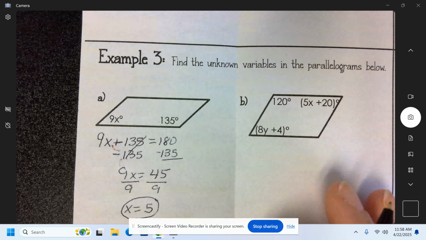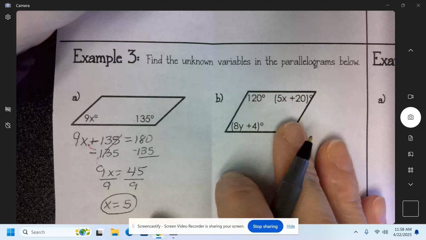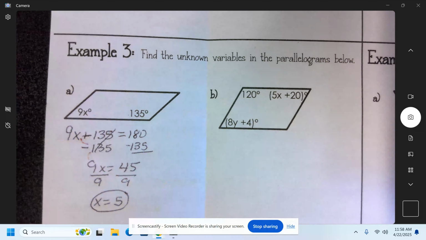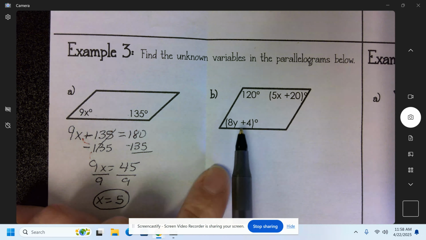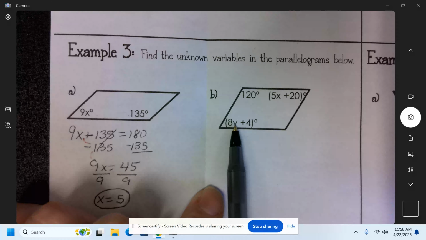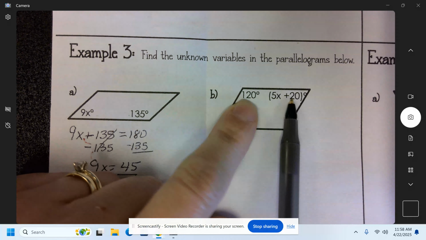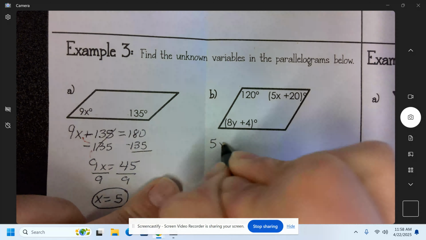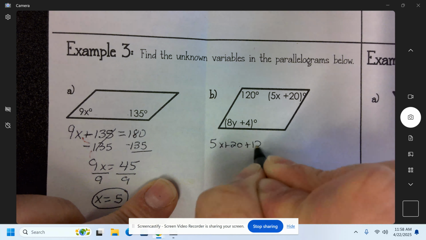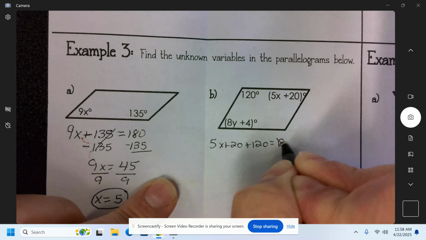All right, for the next one, we have two different ones we need to solve here for. We need to solve for x, but we also need to solve for y. Doesn't matter which one you do first, I'm just going to do x first. I know that these two added together, 5x plus 20 plus 120 has to equal 180.